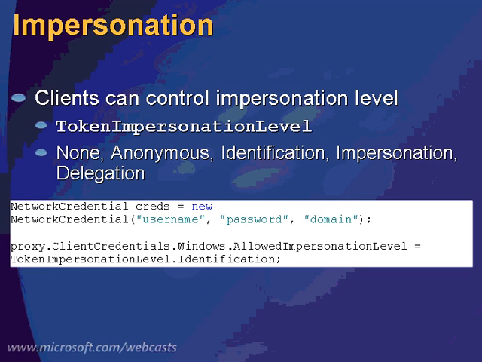Now, clients can also protect themselves against impersonation by setting the token impersonation level to identify only, which is the default behavior anyway. So you set that on the proxy, windows.allowed impersonation level equals what? You can also say you're allowed to impersonate but not delegate across machines.